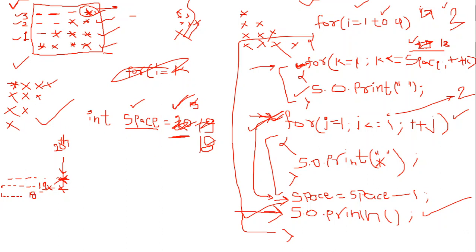After this inner for loop runs 18 times, this for loop will not execute because condition becomes false. After that we will again come to this for loop. This time, as you can see, I value has become 3 now. So here I value is also 3. So this for loop will run 3 times.